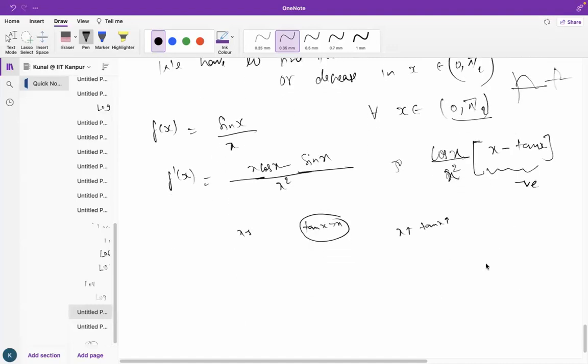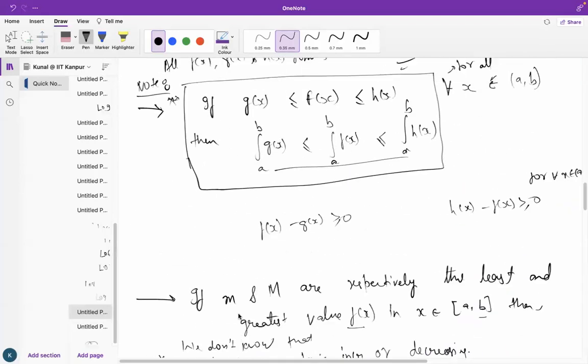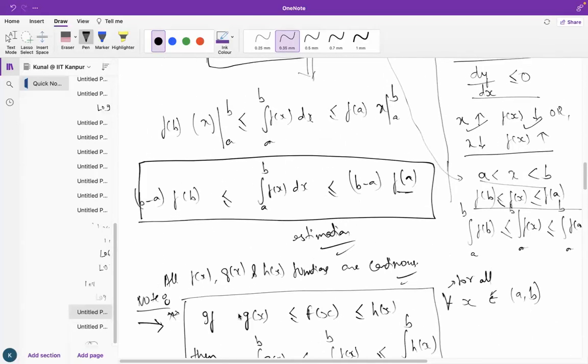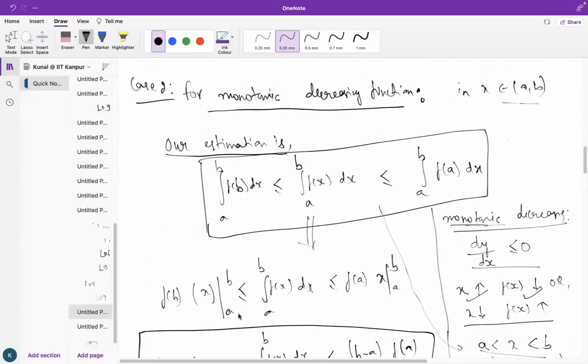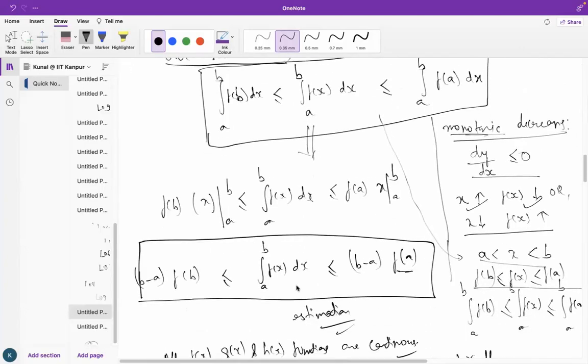That means f dash x, that means df of x by dx, is negative. That means our function is a decreasing function. And we know that when our function is a decreasing function, look at this case, where it is. So what is it?